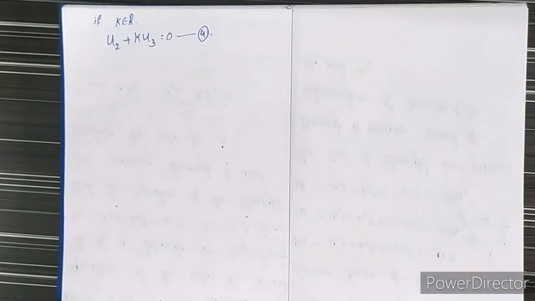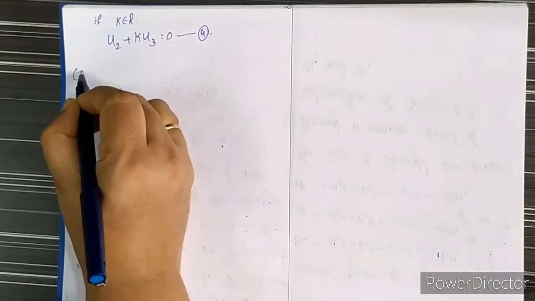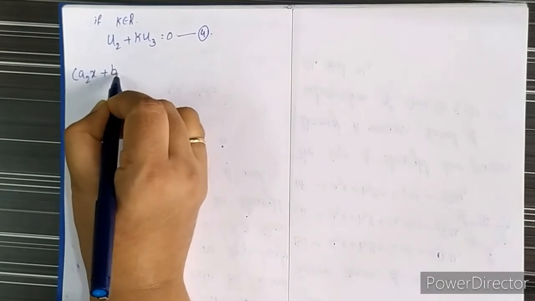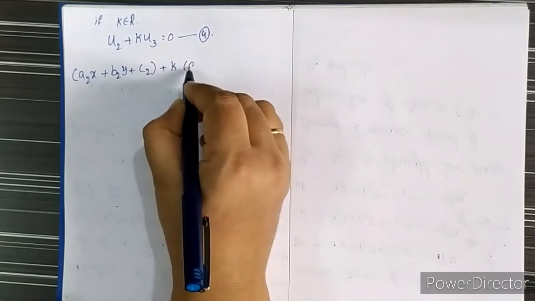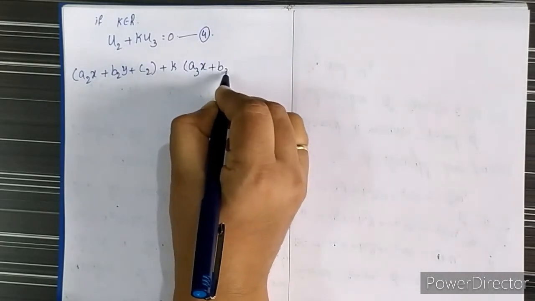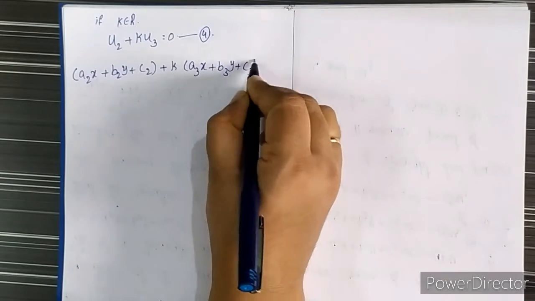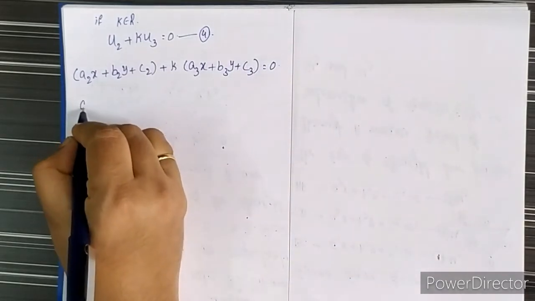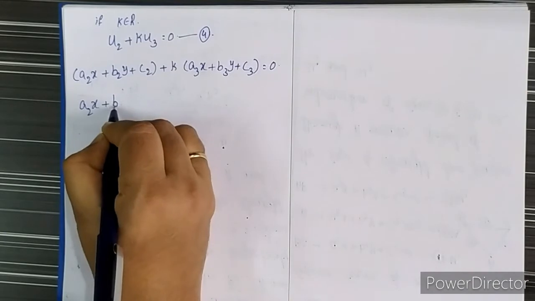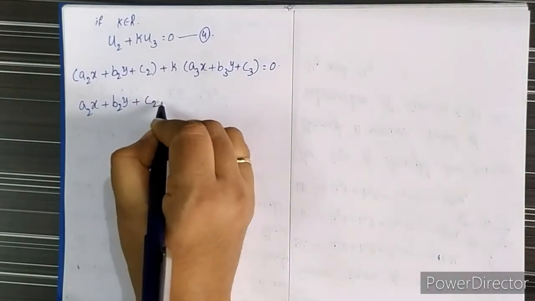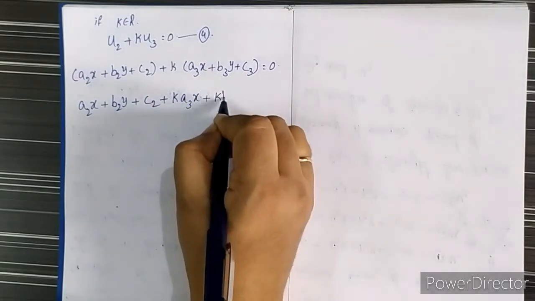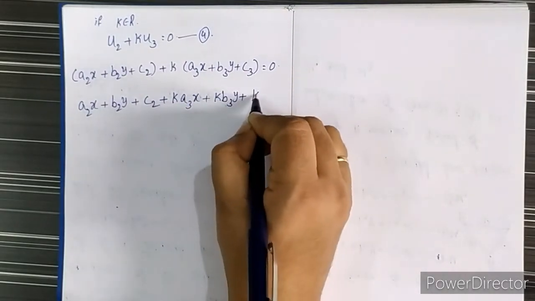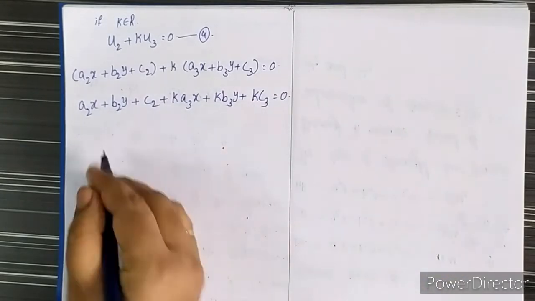Let it be. Here u2 means a2x plus b2y plus c2 plus k into (a3x plus b3y plus c3) equal to 0. After multiplication, a2x plus b2y plus c2 plus k a3x plus k b3y plus k c3 equal to 0.